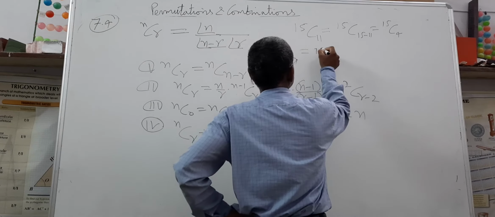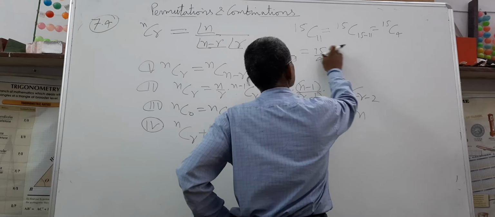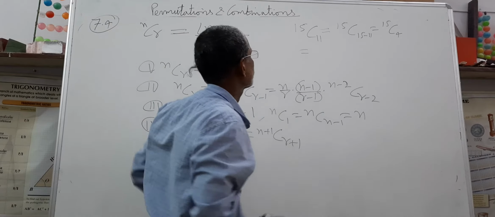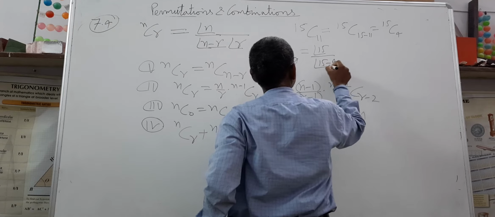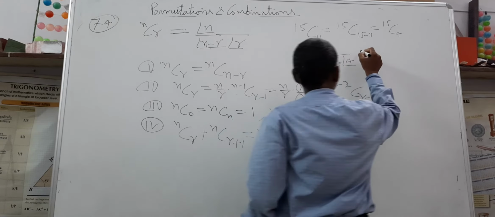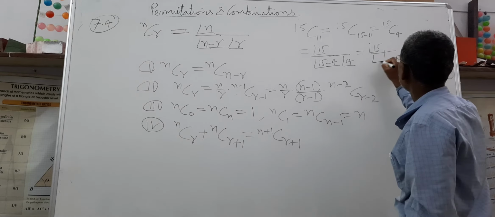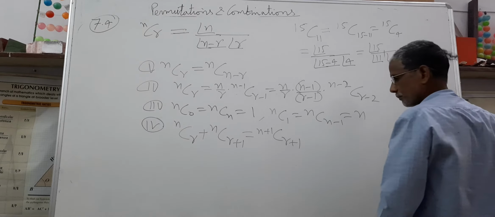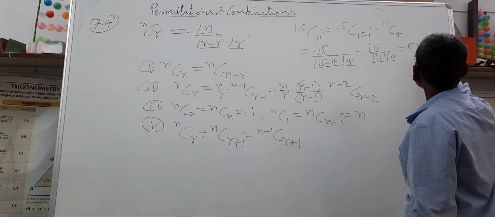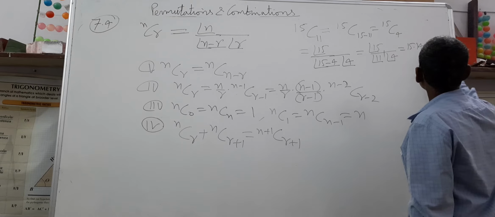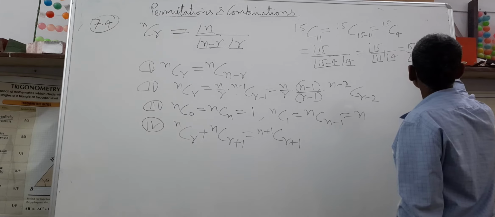15C4. First of all use this: factorial 15 upon factorial 15 minus 4 factorial 4 is equal to factorial 15 divided by factorial 11 into factorial 4, is equal to 15, 14, 13, 12 factorial 11 divided by factorial 11 into 4, 3, 2, 1.